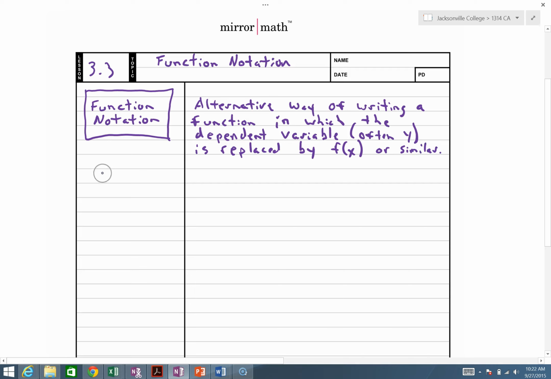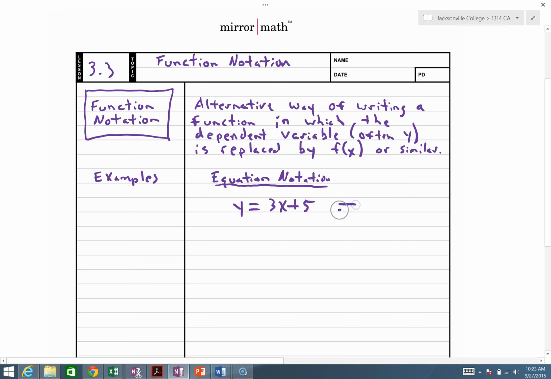Let's look at a couple of examples. All right, in equation notation, we might say something like y equals 3x plus 5.